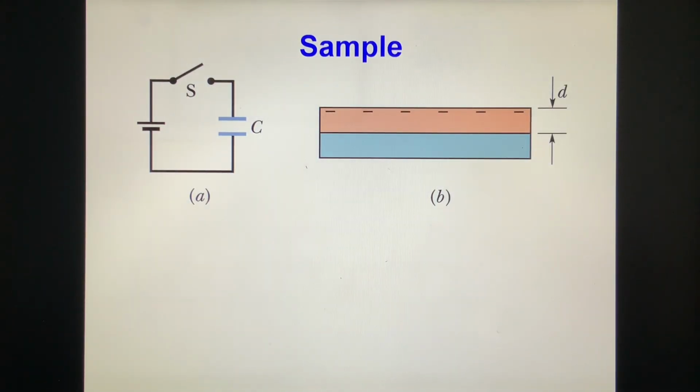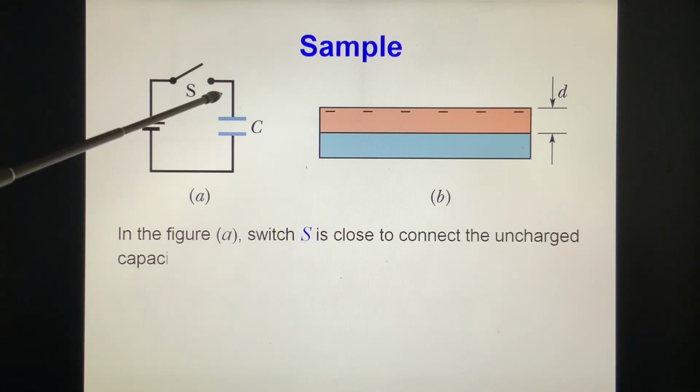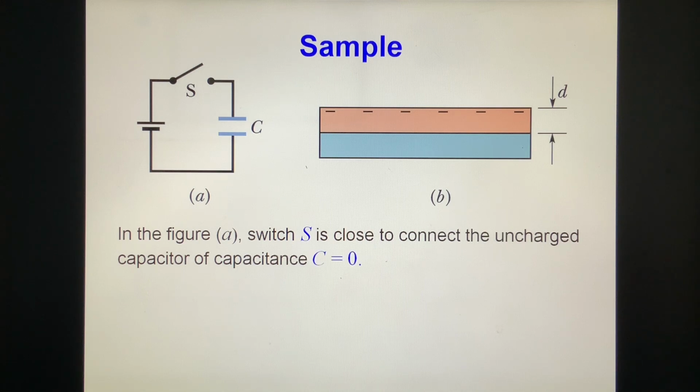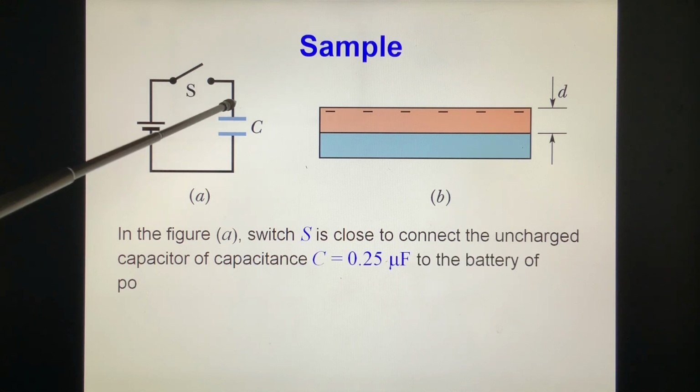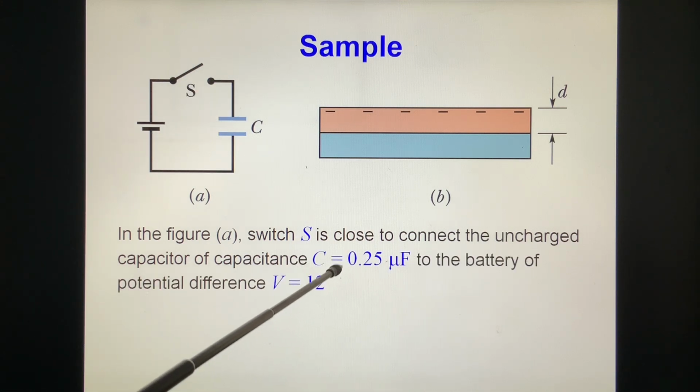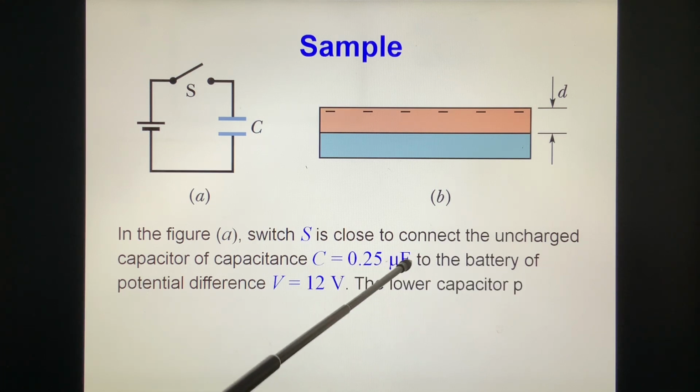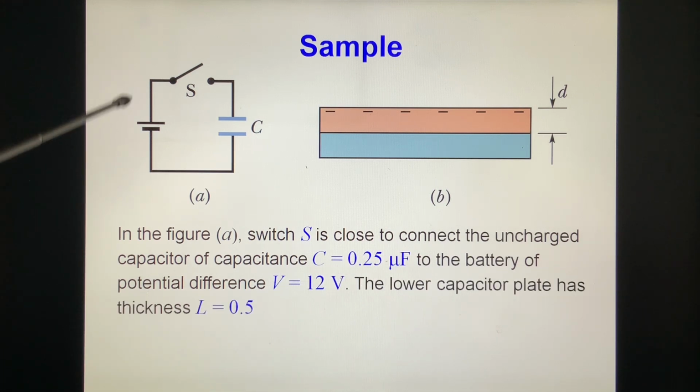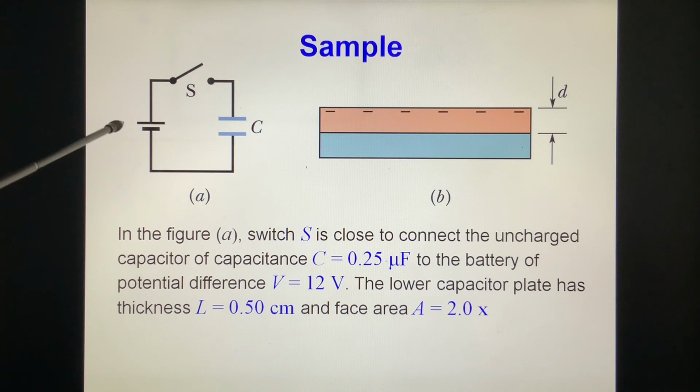Sample problem. In the figure, switch S is closed to connect the uncharged capacitor of capacitance C equal to 0.25 microfarad to the battery of potential difference V equal to 12 volts.